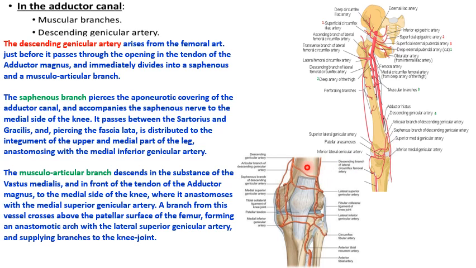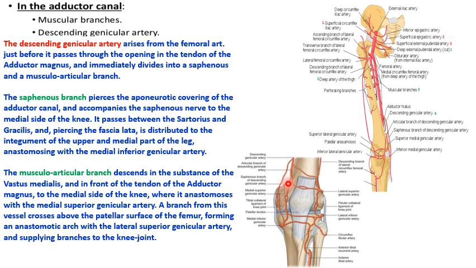Here, this is the musculoarticular branch. At the knee, it anastomoses with the superior medial genicular artery, contributing to the formation of the genicular anastomosis.